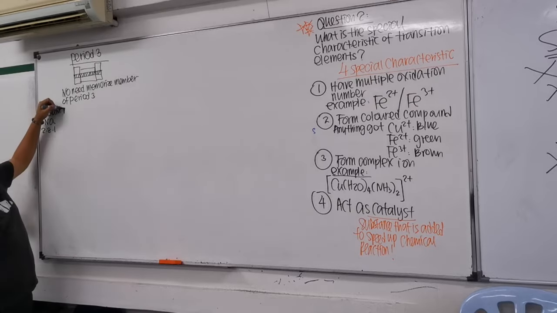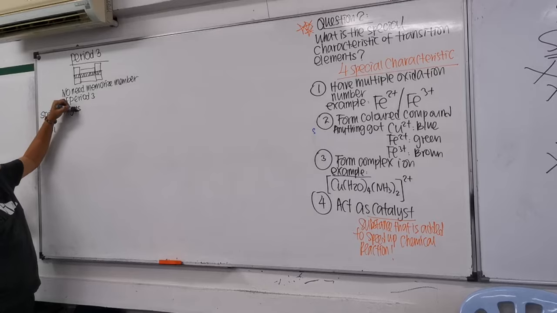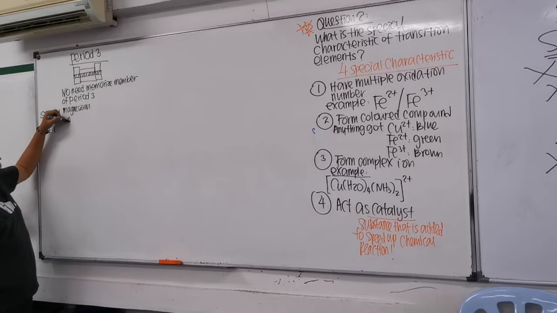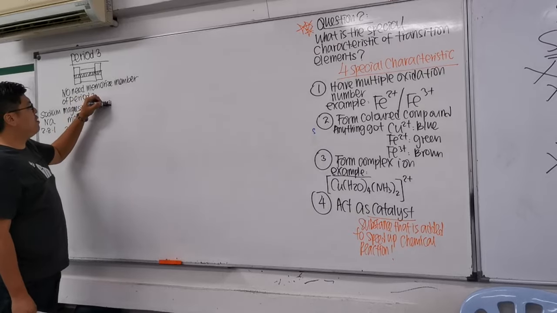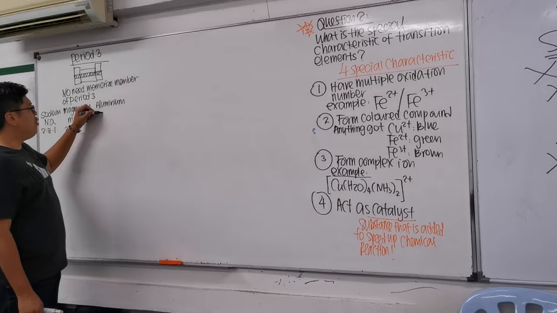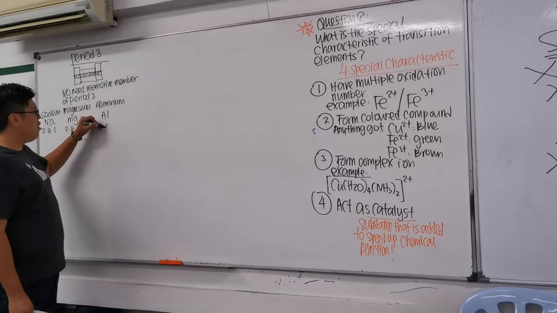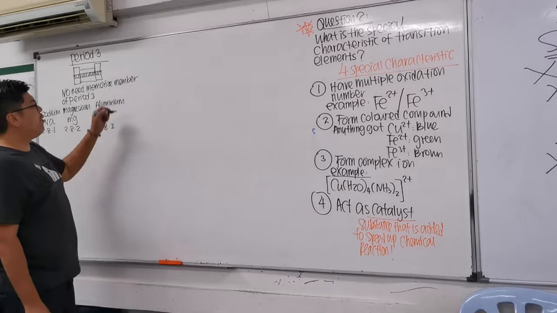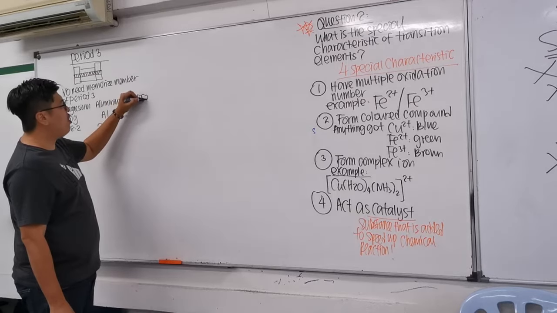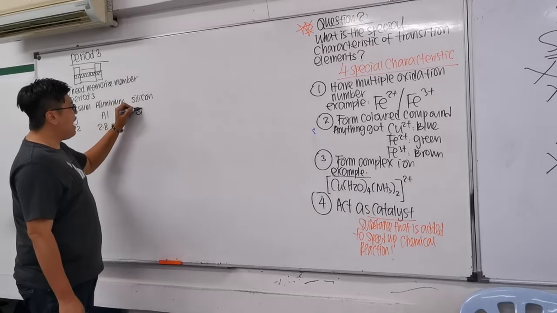The second guy called magnesium, symbol Mg, 2,8,2. The third guy called aluminium, symbol Al, 2,8,3. The fourth fella called silicon, symbol Si, 2,8,4.